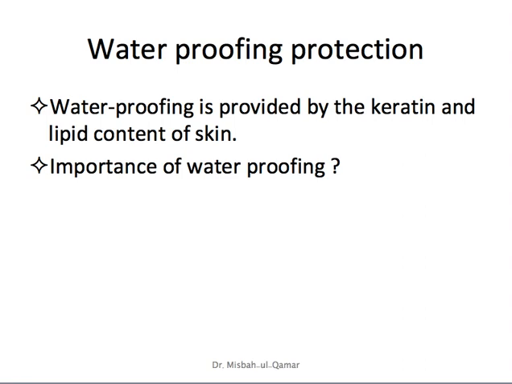Now, this keratinized layer is airtight, and it is also fairly waterproof, and it is impervious to most of the substances. So it resists anything passing in either direction between body and the external environment.